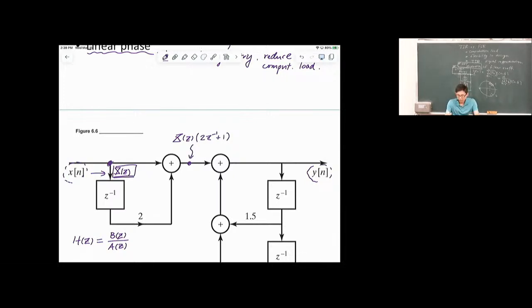Here is a bit of explanation: Z inverse corresponds to a delay by one sample. Let's say here is x of n. If we delay by one sample right here, what we have is x of n minus 1, which corresponds to Z inverse X of Z. Same thing in the Z domain representation or back in the time domain.